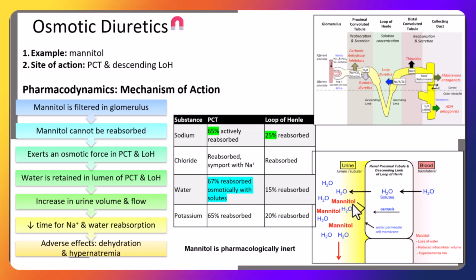But what we can see happening, mannitol hangs out in the lumen. Water, being a follower, is drawn in by osmosis, ultimately reducing blood volume and blood pressure. This is showing you where osmotic diuretics tend to work. And later we'll be talking about the other forms, and you can see they work at different areas of the nephron.